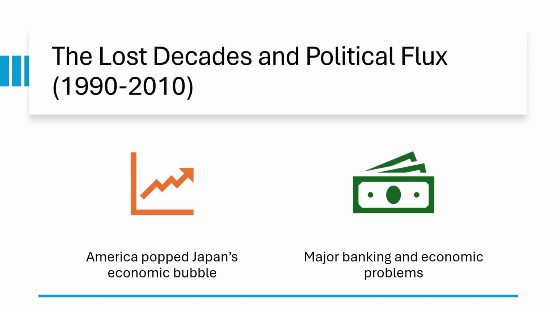Political instability increased, with frequent changes in prime ministers. Relations with neighbors, China and South Korea, became strained over wartime history and territorial disputes. Despite economic woes, Japan remained a global tech leader and maintained a high standard of living.